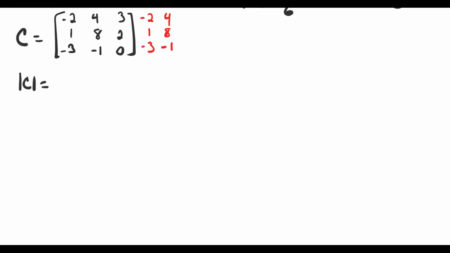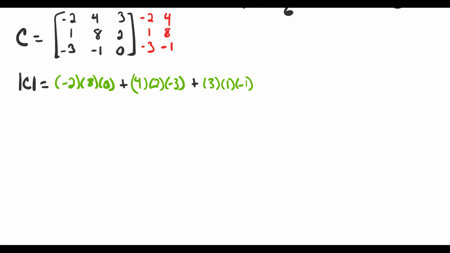And so I'm going to do negative 2 times 8 times 0. So negative 2 times 8 times 0 plus 4 times 2 times a negative 3 plus 3 times 1 times negative 1.